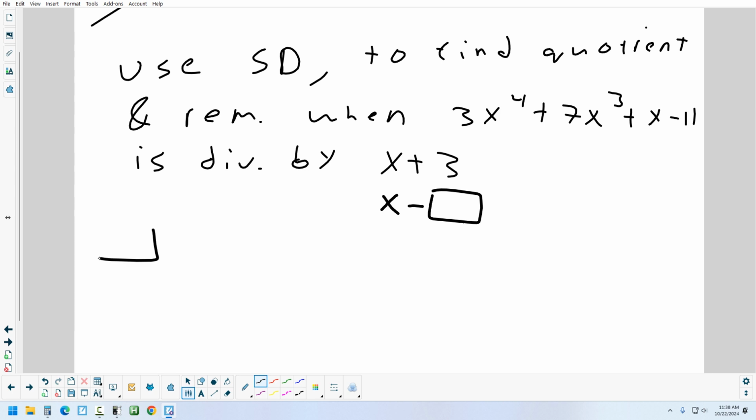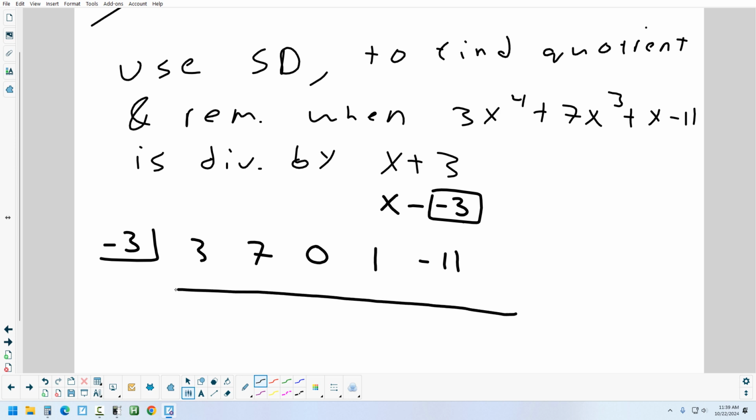How can we think of x plus 3? Minus negative. Right. Think of it as minus 3. So what's going to go on the outside of my synthetic division? Minus 3. And what about the numbers on the inside? 3, 7, 0, 1, negative 11. So if you are missing a term, you need to fill in a 0 for the one you're missing.